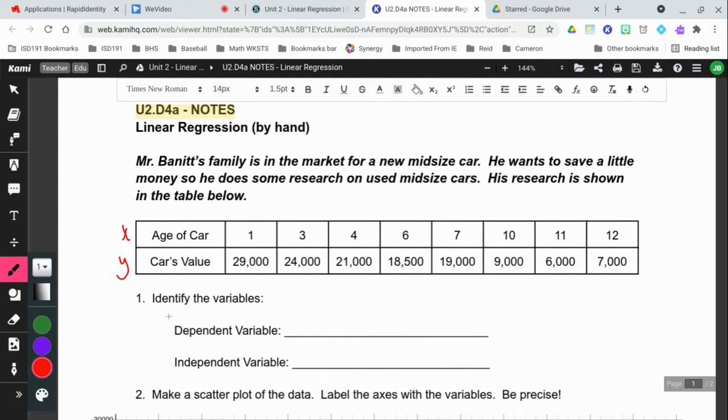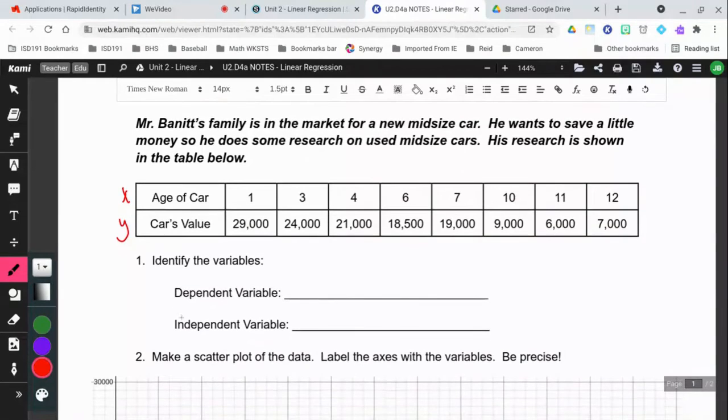All right, let's start with number 1, identify the variables. Now, on the homework assignment a few days ago, a lot of students must have gone to the notes or Google and just typed in dependent variable because they gave me a definition. I don't want a definition here. I want, based on this problem, which variable is the dependent variable. Now, what we did talk about is that the dependent variable is the one that depends on the other variable's value.